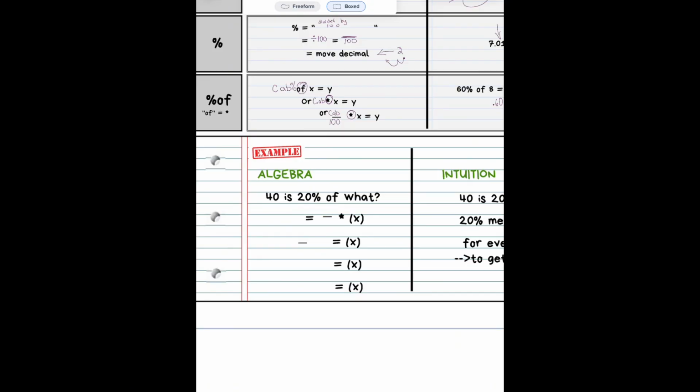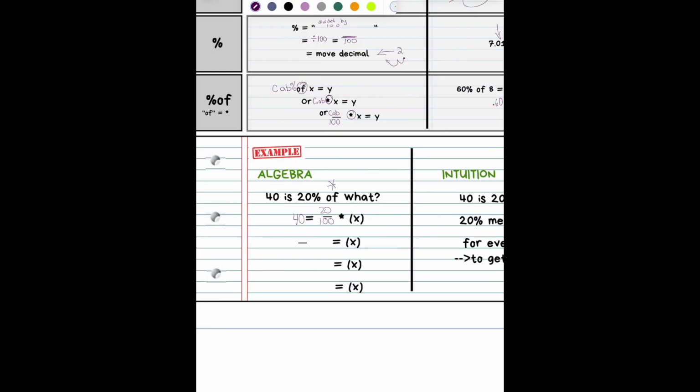So 40 equals 20%, that's just 20 over 100, of means times what? X. Okay, so that's how we would write that, right?